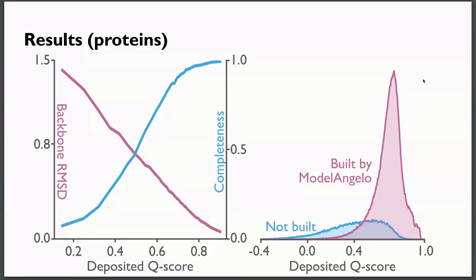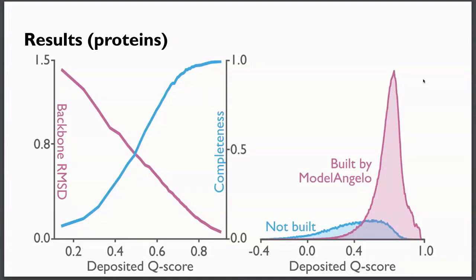Here we use the Q-score of the deposited model as a proxy for the local resolution. As you can see for proteins, as the Q-score gets higher, what you'd expect is higher completeness out of what ModelAngelo built, which is the case.